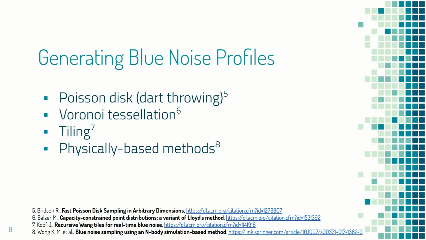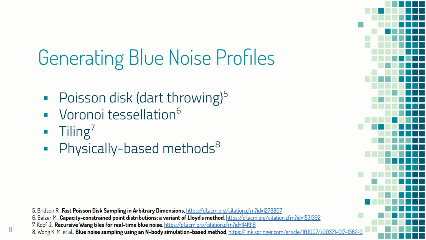So there are lots of ways of generating blue noise. This is certainly not the first method I'm going to present today. Poisson disk sampling is one of the earliest and most effective methods of generating blue noise. The algorithm I can explain in a second, I think. You throw a dart at a dartboard, and if it's too close to another dart, you discard it. And if it's not too close to another dart, you keep it.